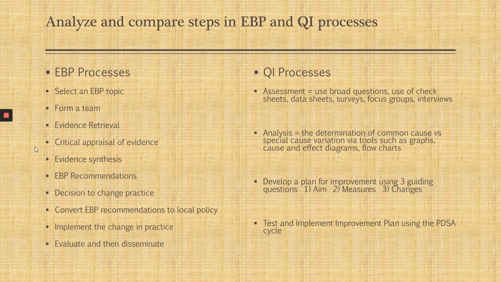This can be included in the QI process as developing a plan of improvement. And we do that by looking at 3 guiding questions, those aims, measures, and potential changes that come from our assessment and analysis. Moving back to the EBP process, we want to make a decision to change practice.